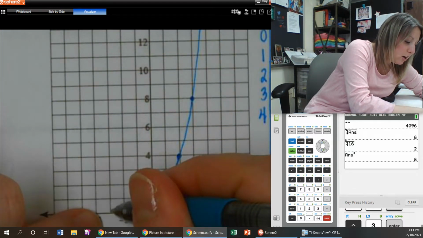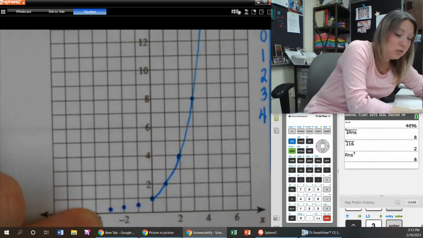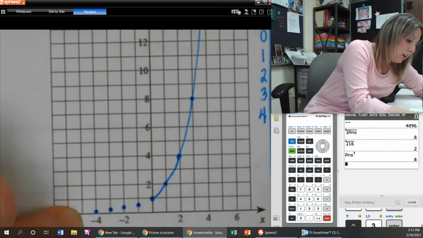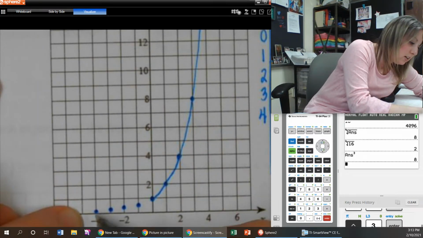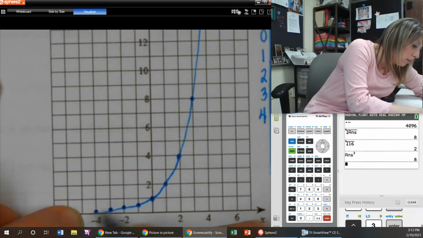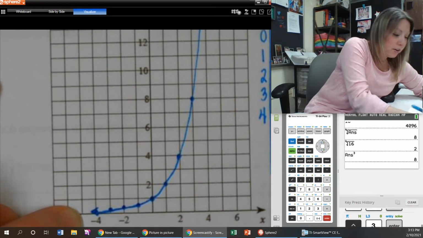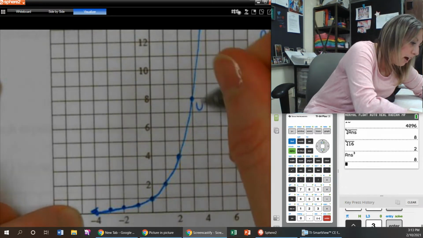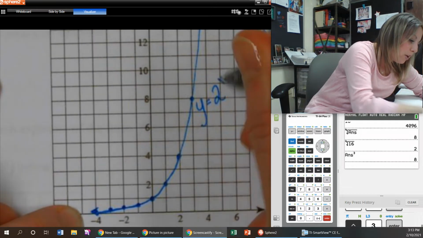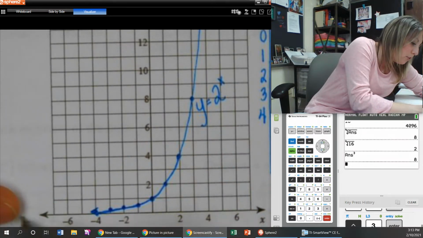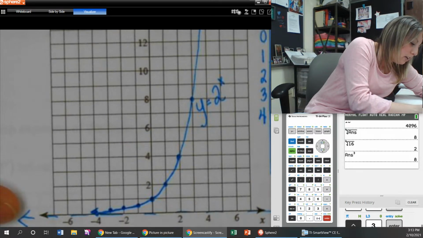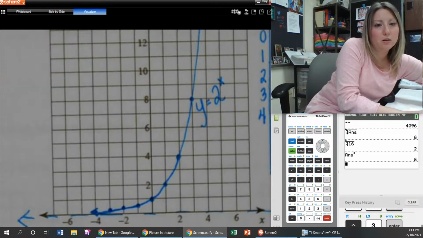And then -3 has a 1/8, halfway between 0 and 1/4. And then 1/16 is halfway between 1/8 and 0. As you can see, when we go back this direction, we are approaching a y value of 0, but we're never going to actually make it there. That is the asymptote that we are approaching but can never touch or cross. In this case, that happens to be y equals 0.